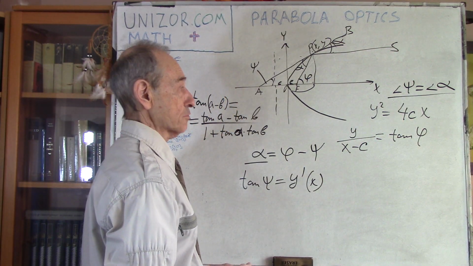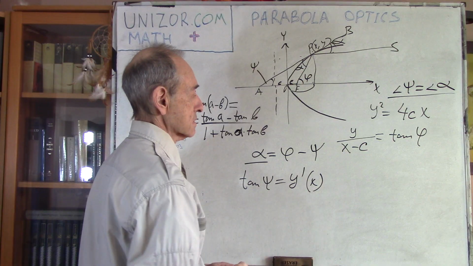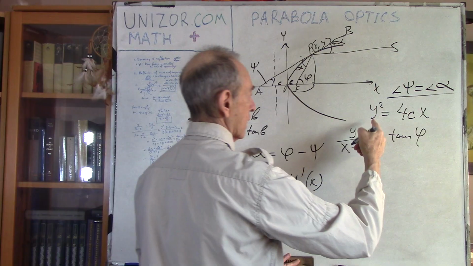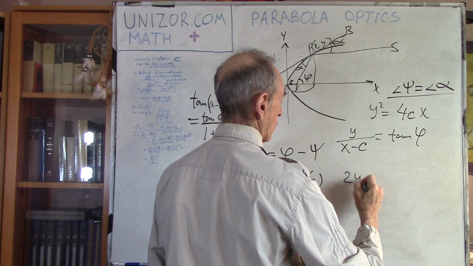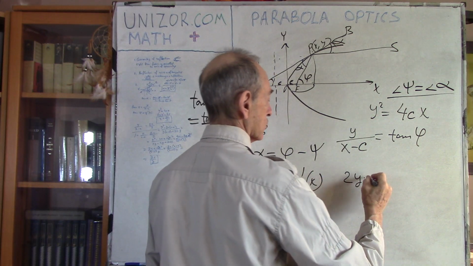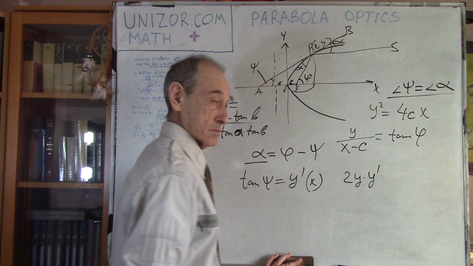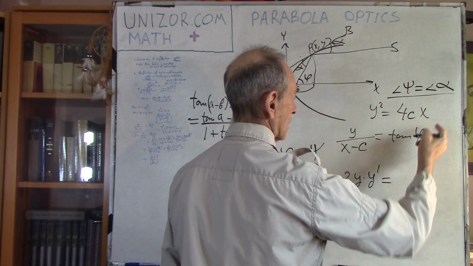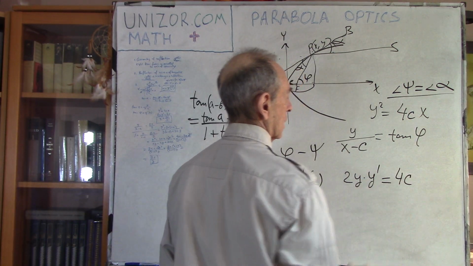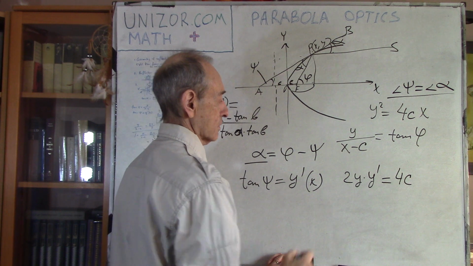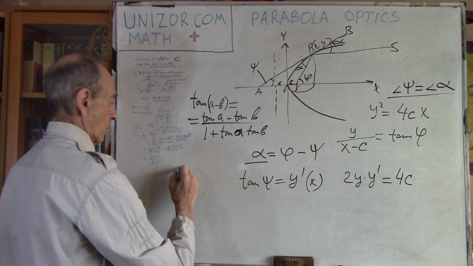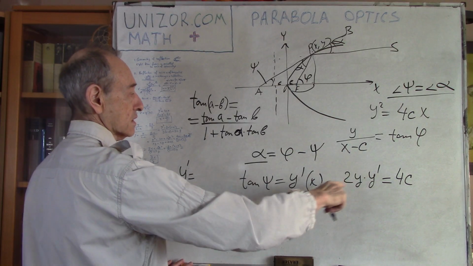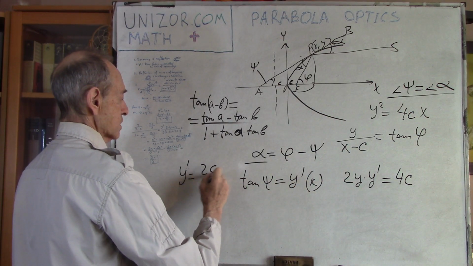This is the equation of the parabola. So how can I get this? Well, very easily. Let's just differentiate both parts. The derivative of y squared would be 2y times the derivative of the inner function, which is the derivative which I would like to find out. The derivative of 4cx, now 4c is a constant, so it's 4c, from which the first derivative is equal to 4c divided by 2y, which is 2c divided by y.